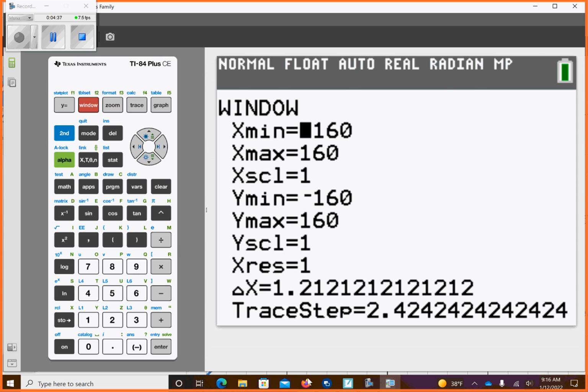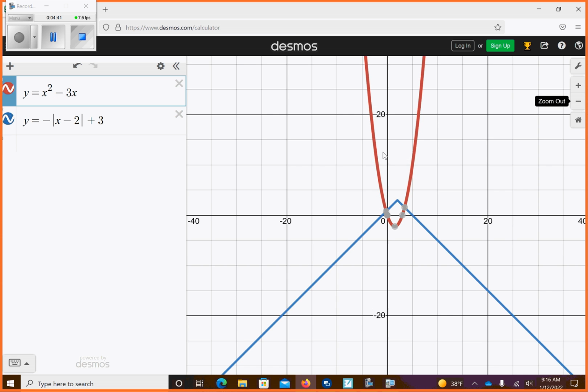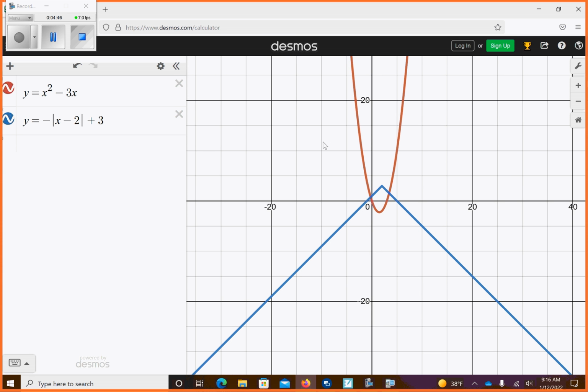If you're using Desmos, the nice thing about it, it zooms in, zooms out, and moves around. So there's all kinds of things you can do with Desmos that you can't do quickly with a graphing calculator. So anytime we have a problem that says here's the window, that's basically for if you are using a graphing calculator of some sort.